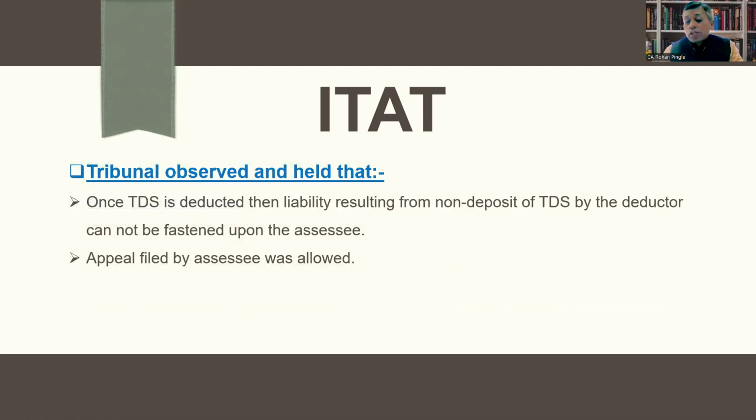The tribunal observed and held that once TDS is deducted by the employer, the liability resulting from non-deposit of TDS in the government treasury by the deductor cannot be fastened upon the assessee.